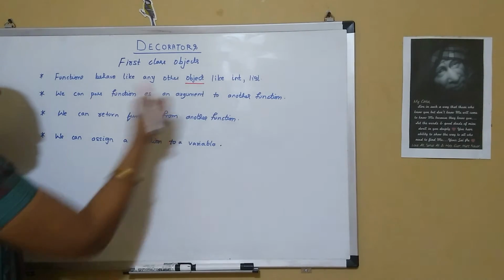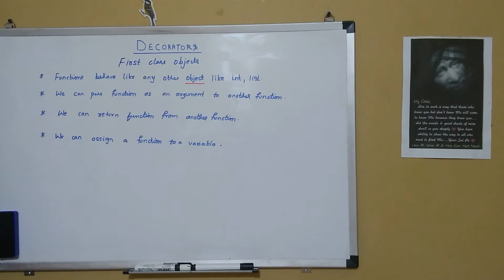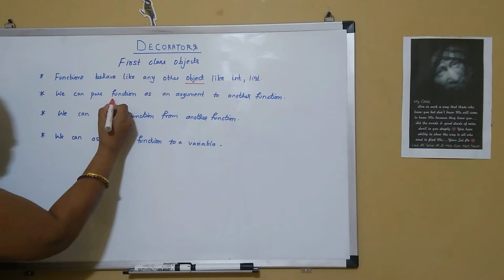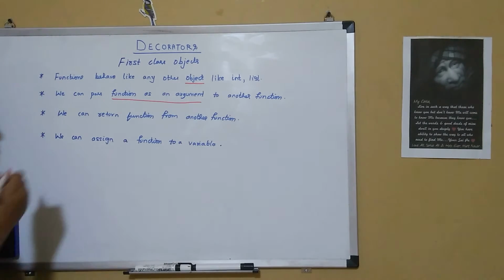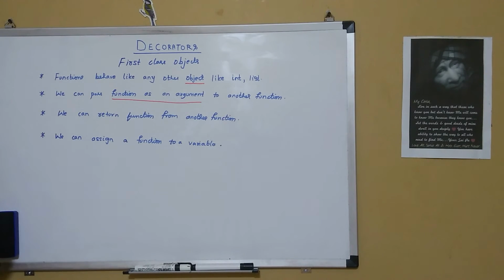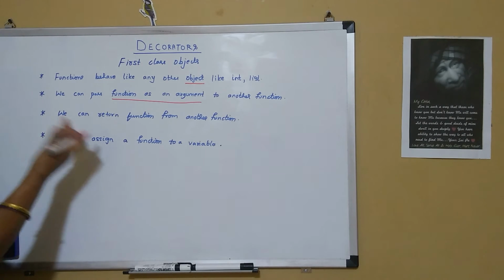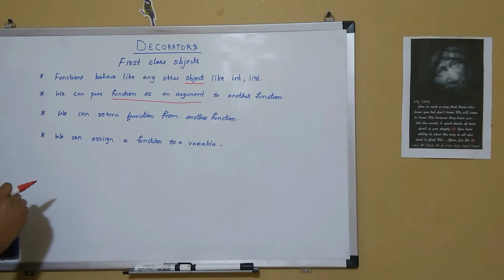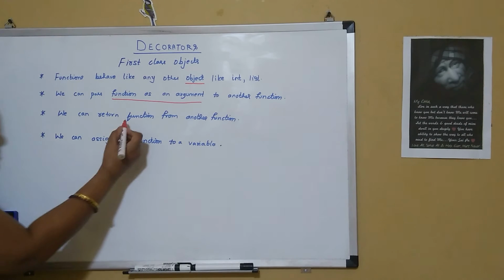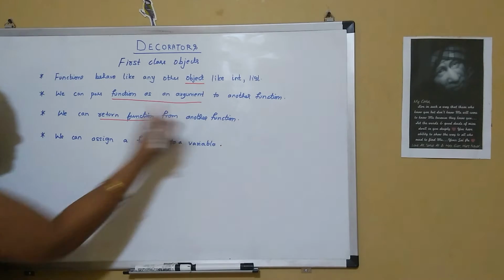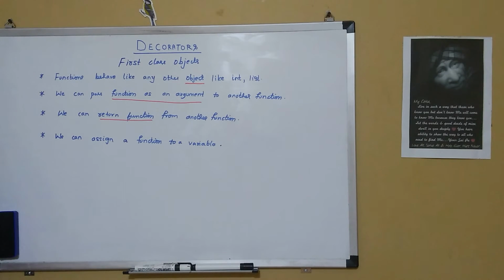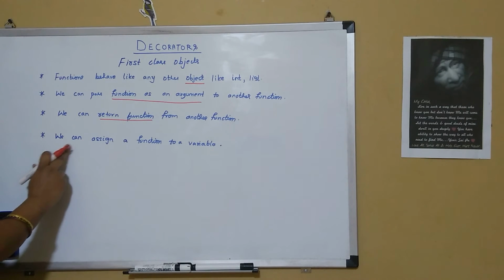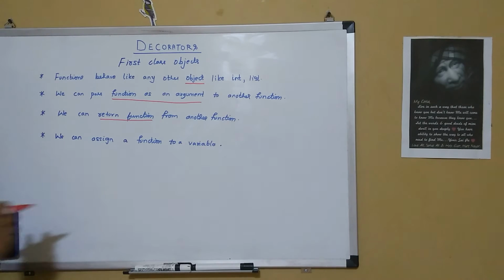It's treated as an object in Python. We can pass a function as an argument to another function, and we can return a function from another function, just as we return a value from a function. Fourthly, we can assign a function to a variable.